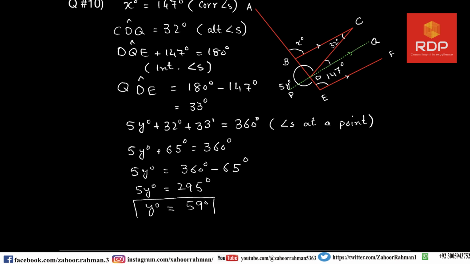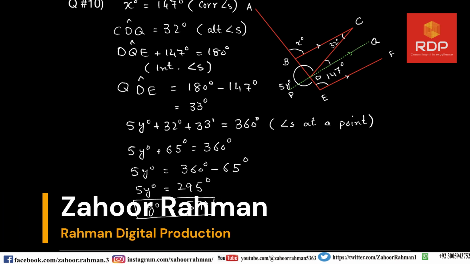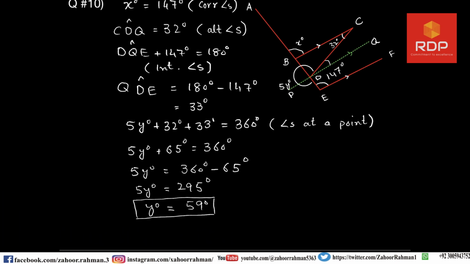So using the strategy we found the values of x and y. We found first the value is 147 degree, and then we found 59 degree. Ladies and gentlemen, if you take a closer look at the figure, it is a very complex figure.